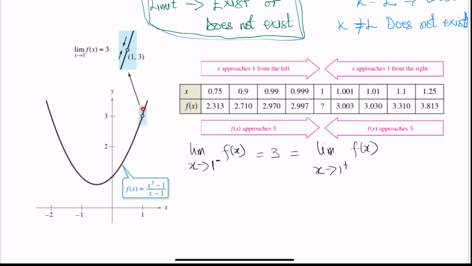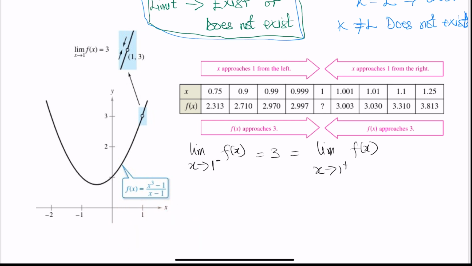So there is no defined value when x is equal to 1 in this particular function f of x. But the limit exists. This is 1, so this is the left hand side of 1, and this is the right hand side of 1.